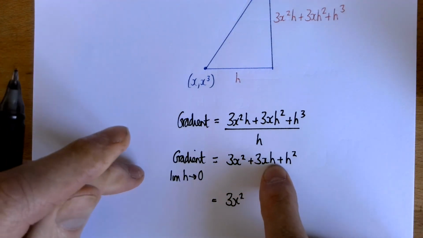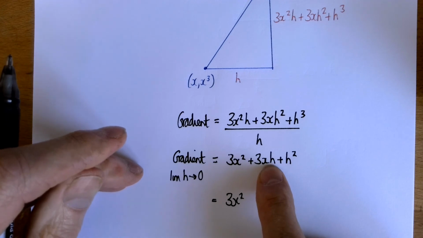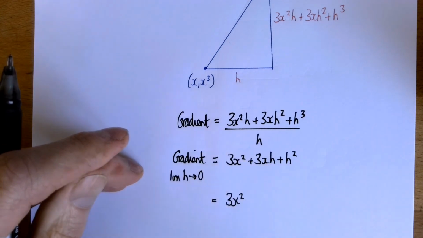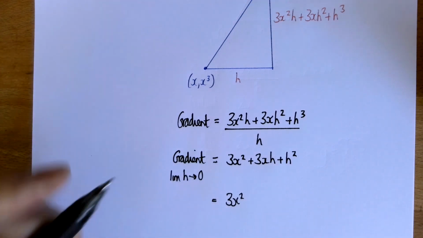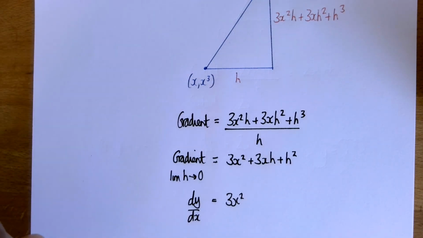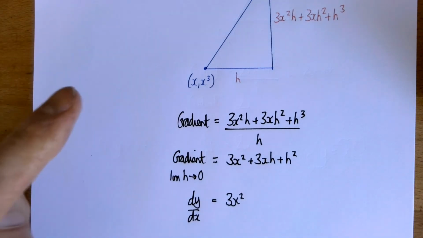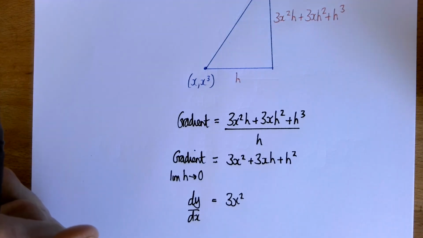But if h is so small it's almost 0, then 3x times 0 will be 0. So that will disappear and that will disappear as well. So we're left with just 3x squared. Now I realise that's something quite hard to get your head around, but I'm sure you'll get used to that.